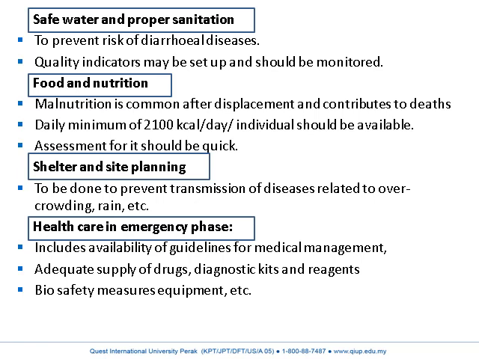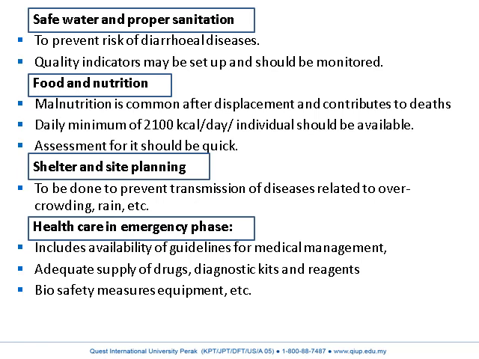Then shelter and site planning. There should be shelter for the people, and there should be immediate planning for the stay of people, to prevent transmission of disease related to overcrowding, rain and flood. Then healthcare in the emergency phase.